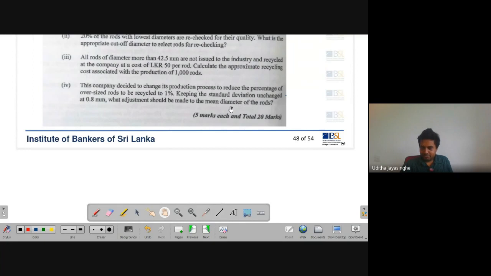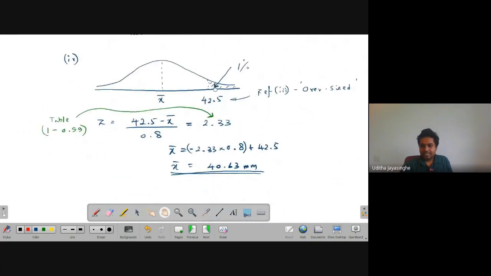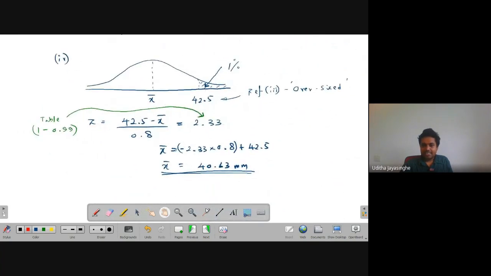So this question number 4 has a nice relationship to question number 3. We have to assume that this oversized business will start at 42.5, otherwise we can't resolve this question. This is the locking point, and we know that this has to be limited to 1%. So this is 1%, and this probability has to be 99%.